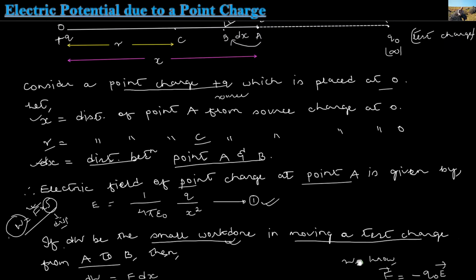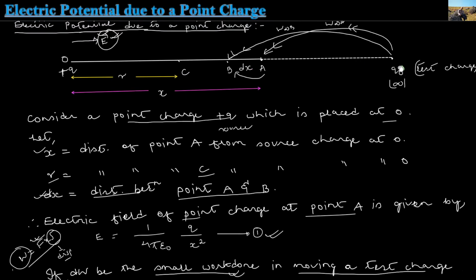When you bring this charge from infinity up to E, you are doing some work. And again, when you move from E up to point B, you have to apply some force. Since this is the positive charge, the electric field is represented in this direction, due to the source charge.